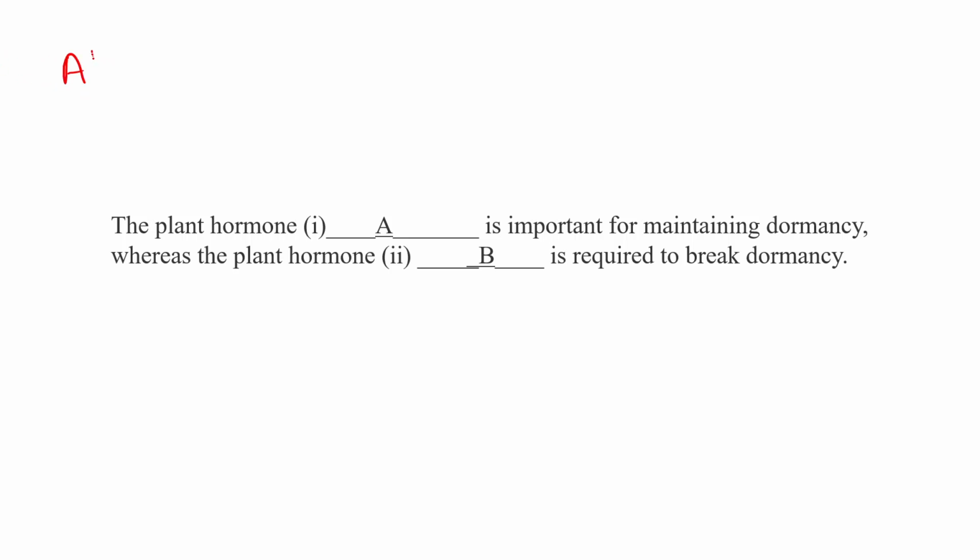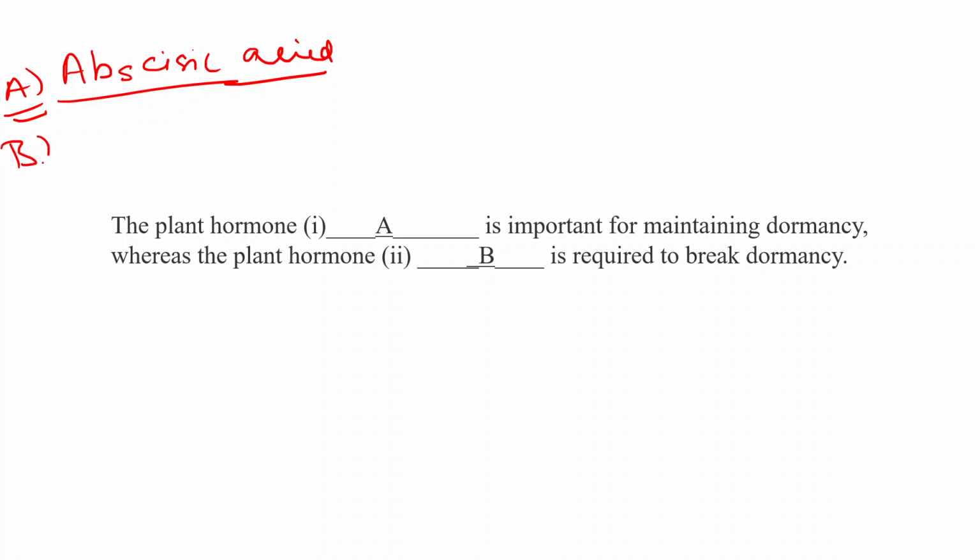It is abscisic acid. So, abscisic acid is the plant hormone which is required for maintaining the dormancy. So, this is the answer for A. B is the plant hormone which is required to break the dormancy. So, which plant hormone is required to break the dormancy? It is gibberellins.